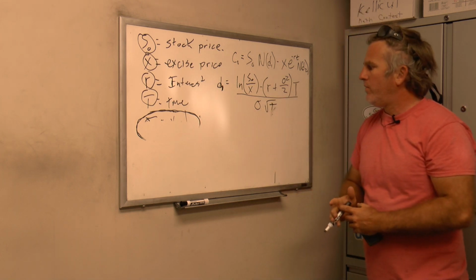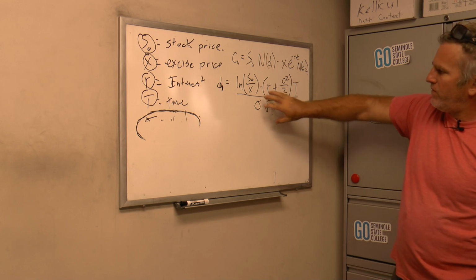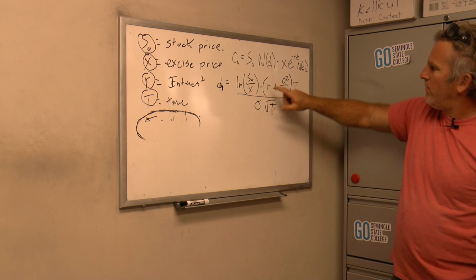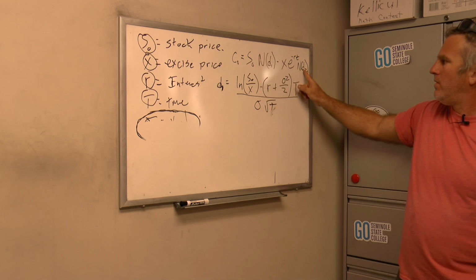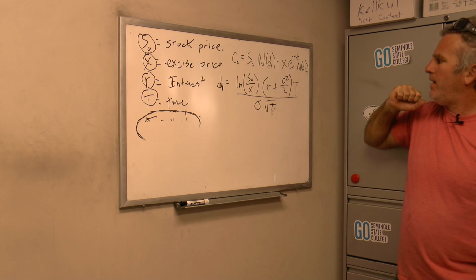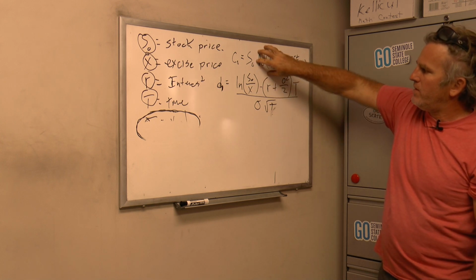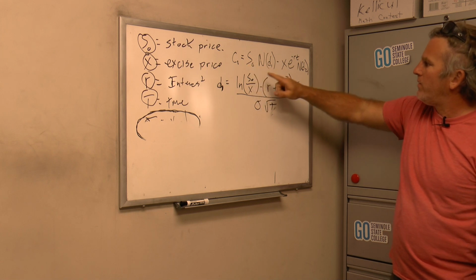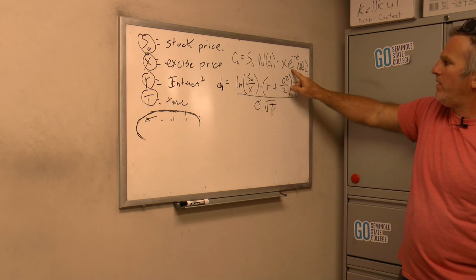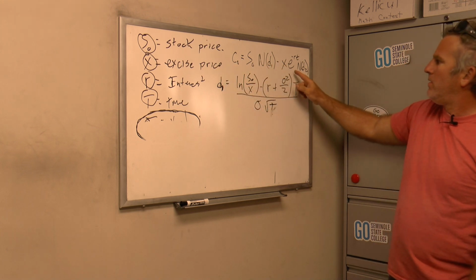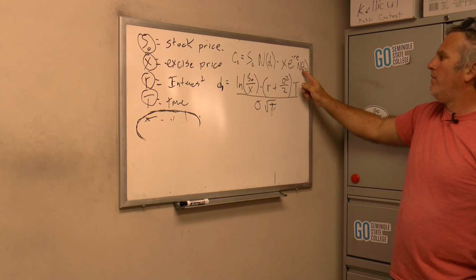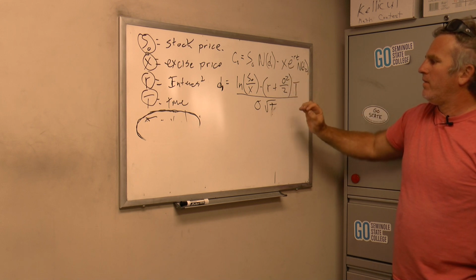So we're not going to get too far on this, but there's a similar equation for D2. And I know that you're multiplying a statistic by the stock price and you're subtracting a discounted future price, which is the exercise price, multiplied by the probability of that event, okay?